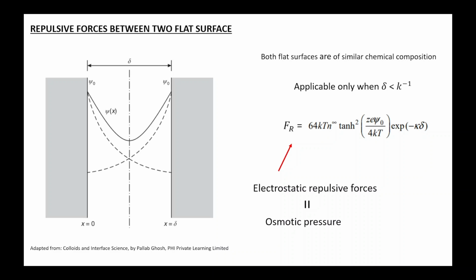So when these two surfaces interact with each other, this usually happens only when the separation distance, that is delta, is less than kappa inverse. I just said what kappa is, the Debye-Huckel parameter. So can anyone tell me what is kappa inverse? Last class also we discussed this. What is kappa inverse? Anyone?